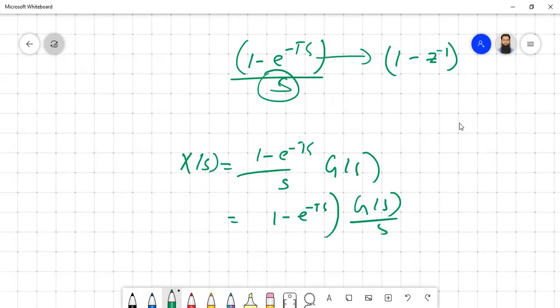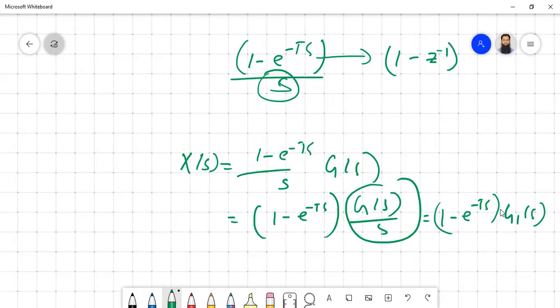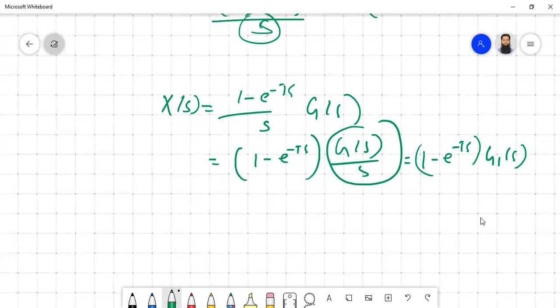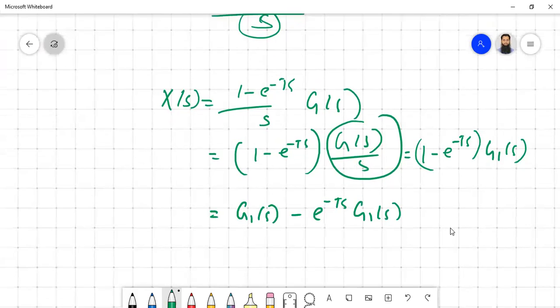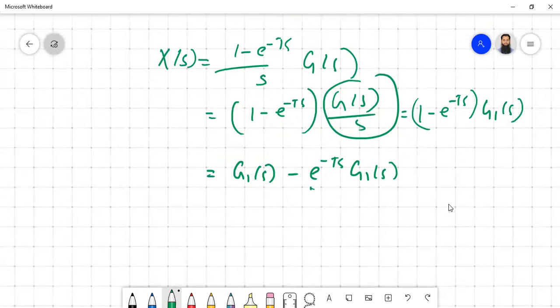Then we say that 1 minus e to the minus Ts into G1(s), we just assume that this whole thing is G1(s). Then you can just multiply. So you're going to have G1(s) minus e to the minus Ts into G1(s). Okay, so we call the latter part X1(s).